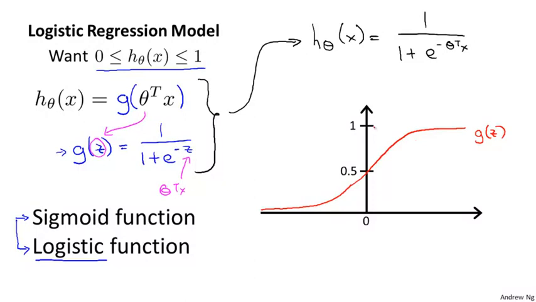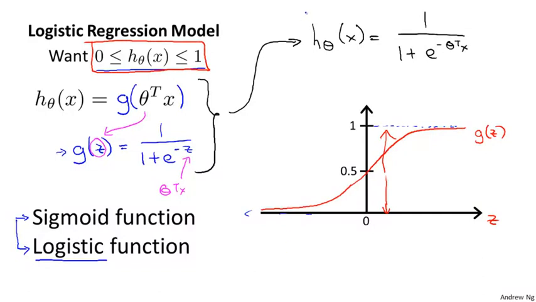And you notice that the sigmoid function asymptotes at 1, and it asymptotes at 0 as z, I guess the horizontal axis is z, goes to minus infinity, g of z approaches 0. And as z approaches infinity, g of z approaches 1. And so because g of z outputs values that are between 0 and 1, we also have that h of x must be between 0 and 1.